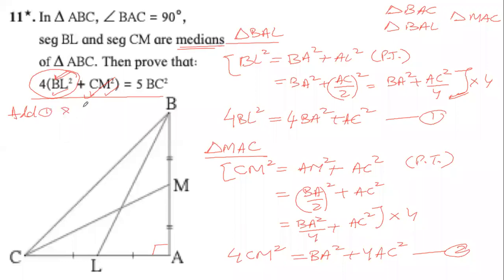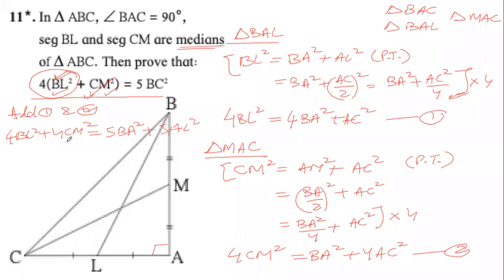Add 1 and 2. When we do this addition, LHS is added to LHS. So it becomes 4BL square plus 4CM square. And on the right hand side, we have 4BA square plus BA square, which is 5BA square. Then we have AC square plus 4AC square, which is 5AC square.